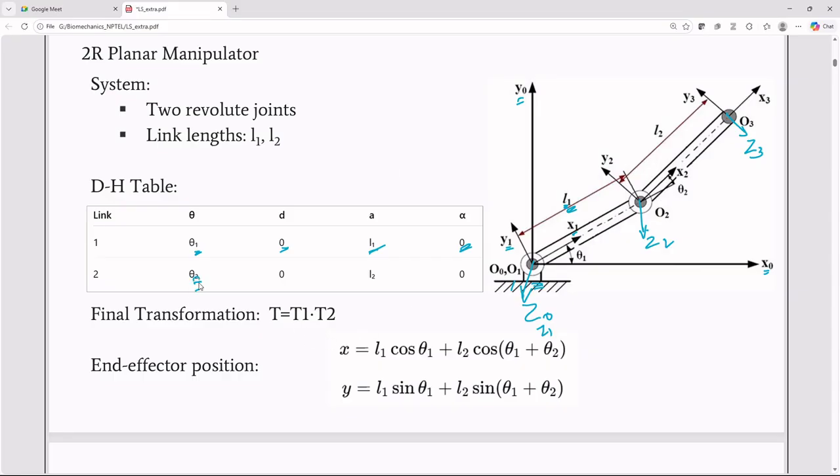That is theta 2, and L2 is the length in the x2 direction. So only these two parameters are there. If you remember, I have shown the Ti matrix. You can plug in these values and solve it, and you will end up with these equations, the same ones we derived earlier with the help of linear algebra.